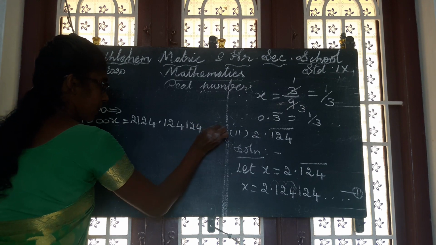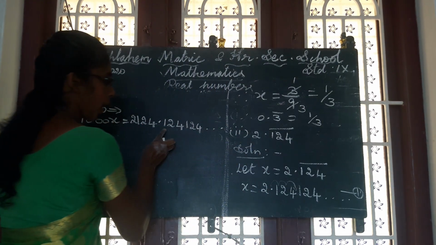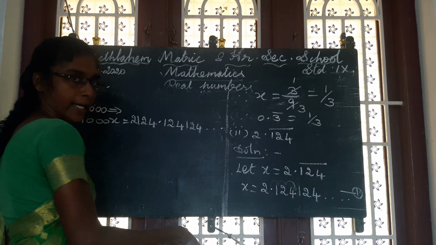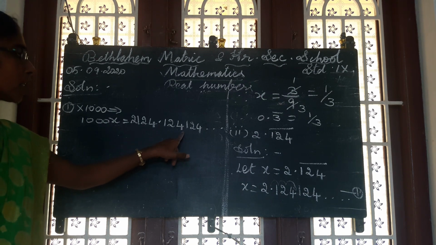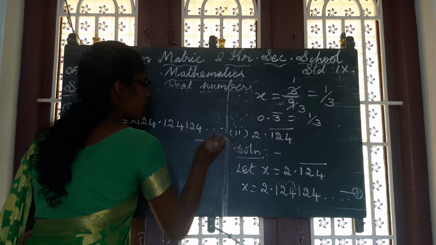124 etc. Here there are 6 digits after the decimal, so I am also writing 6 digits afterwards, etc. So 1000x is equal to 2124.124 124 etc. It is equation 2.